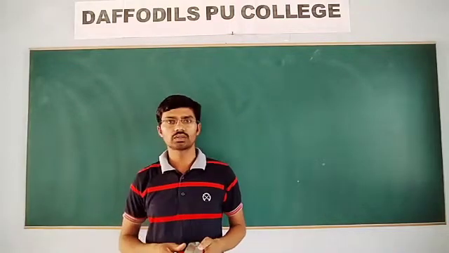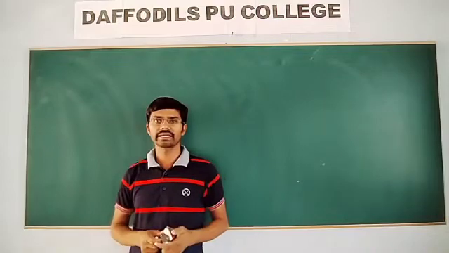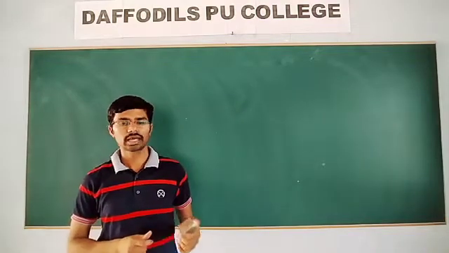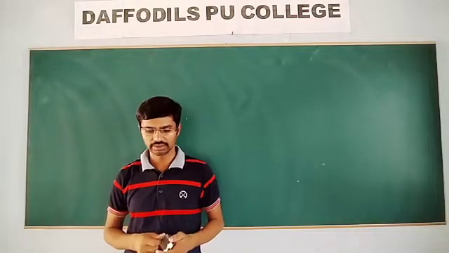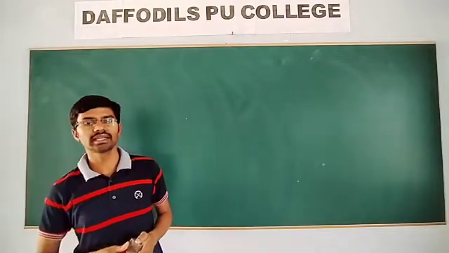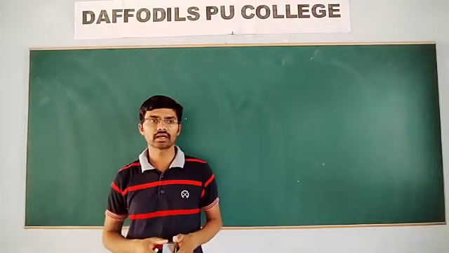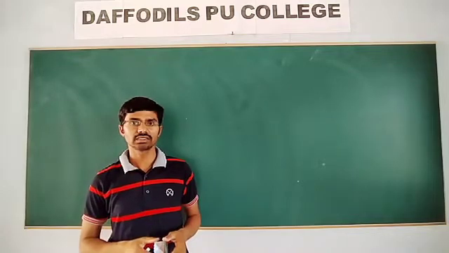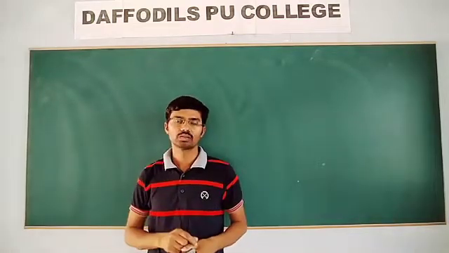We know that the incident ray, the normal at the point of incidence and the refracted ray all lie in the same plane. And one more, the ratio of the sine of angle of incidence to the sine of angle of refraction remains constant for a given pair of media.